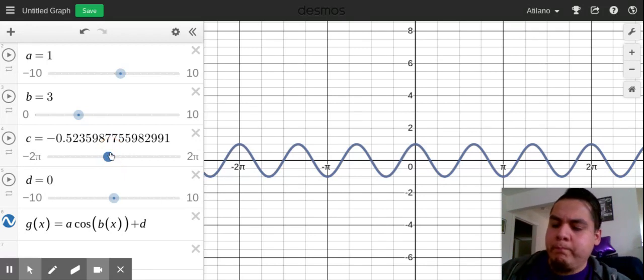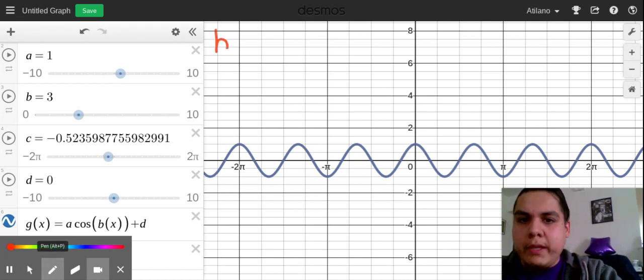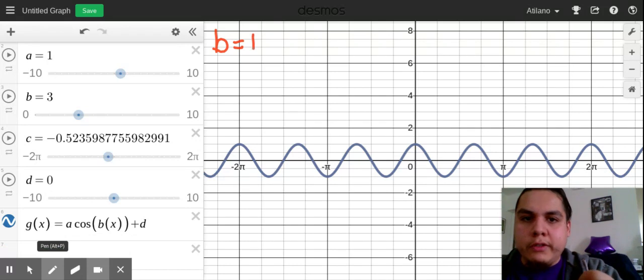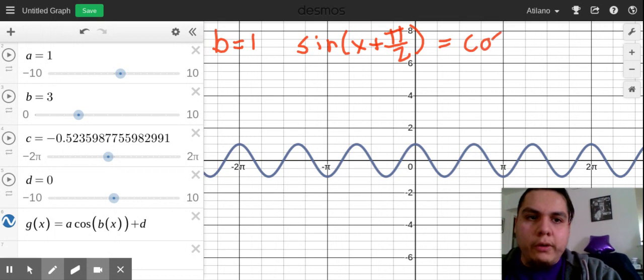So notice, when b equaled 1, turns out that sine of x plus pi over 2 could equal cosine of x.